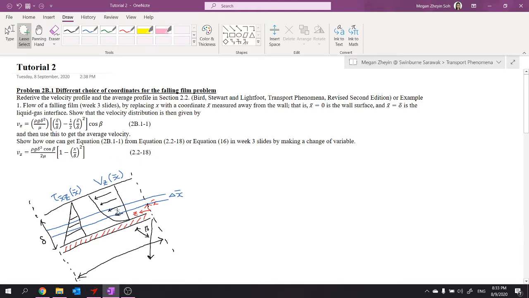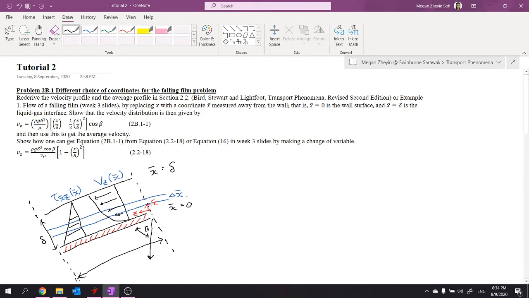So this is your liquid, this is your gas. So the liquid gas interface means this line. So this is x bar equals delta, and over here this is x bar equals 0.